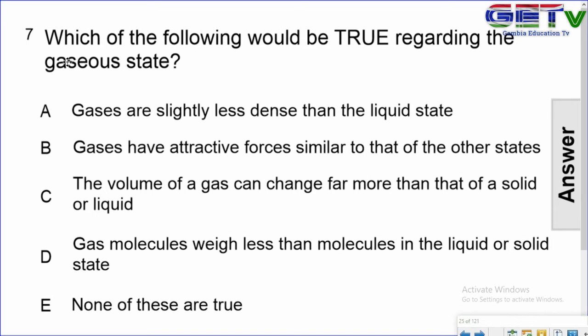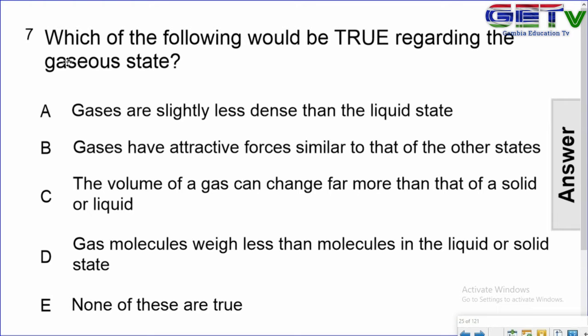Which of the following would be true regarding the gaseous state? A, gases are slightly less dense than the liquid state. B, gases have attractive forces similar to that of other states. C, the volume of a gas can change far more than that of a solid or liquid. D, gas molecules weigh less than molecules in the liquid or solid state.